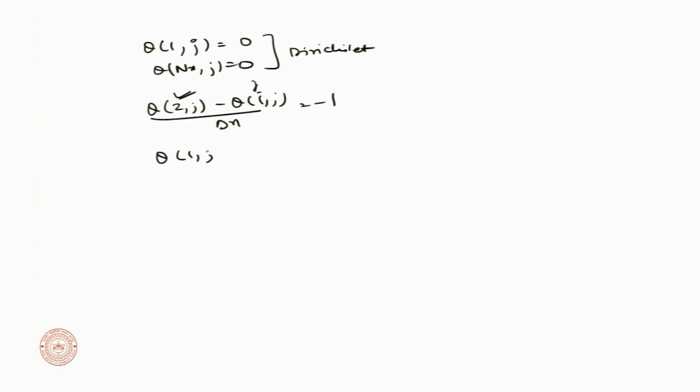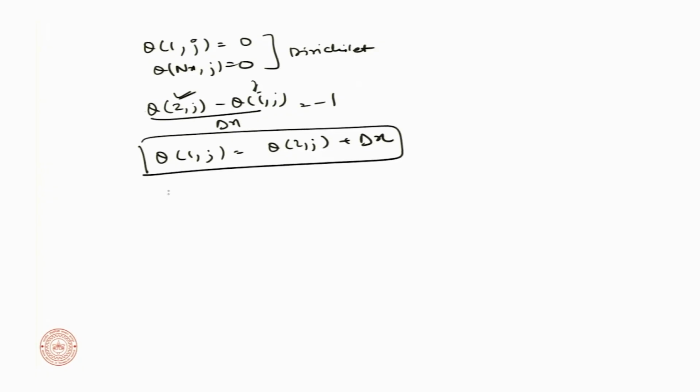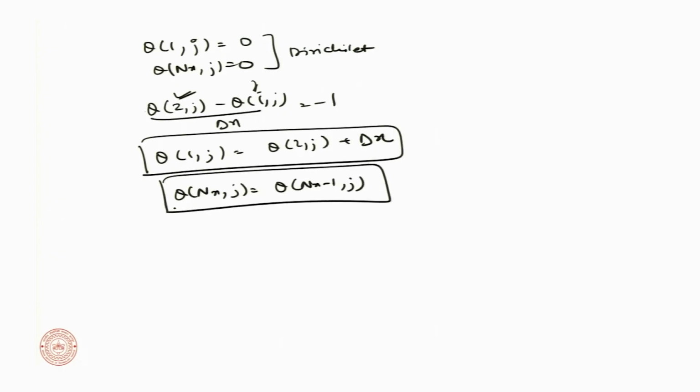So theta 1 comma j will be equal to, if you multiply delta x over here and bring it to the left side, theta 2 comma j plus delta x, that is 1. And then for the other side, theta nx comma j will be equal to theta of nx minus 1 comma j on the left hand side. These are again for the Neumann type.